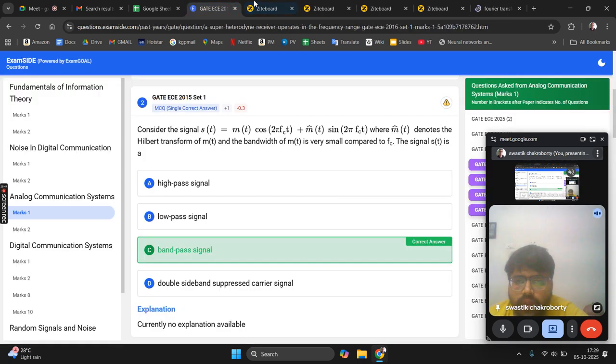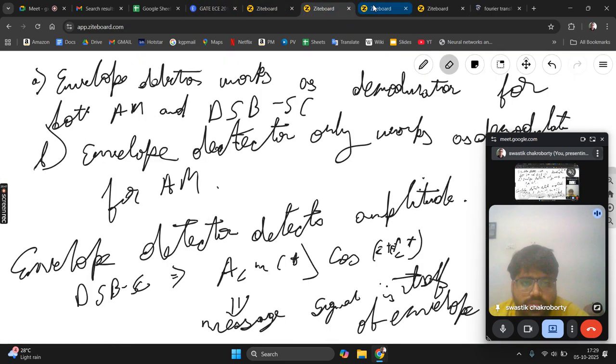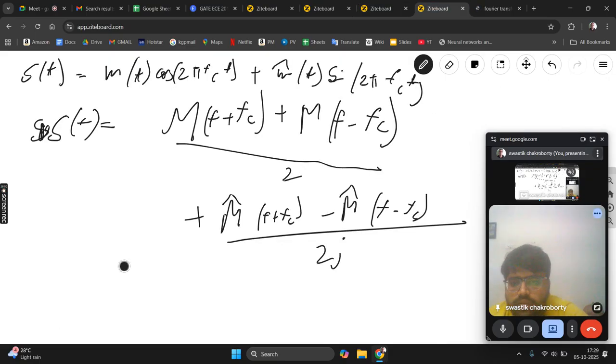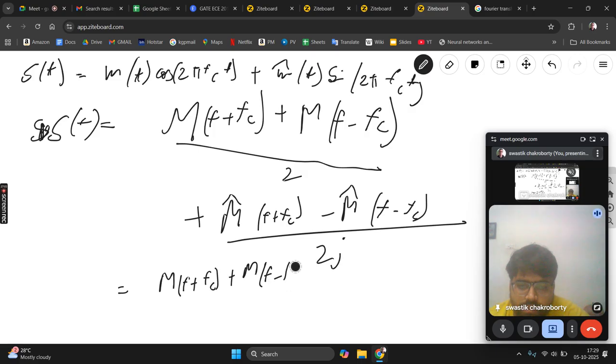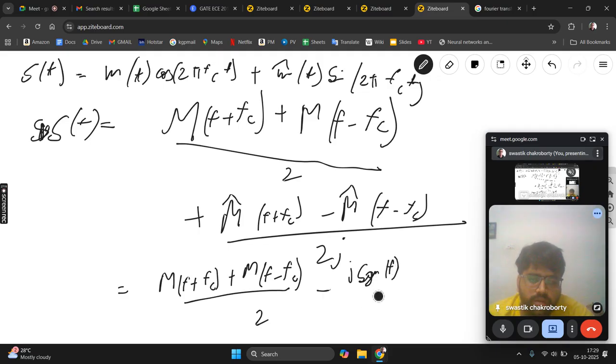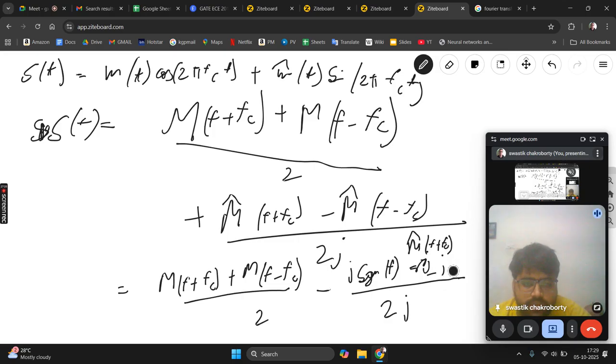So it is basically multiplying by minus pi by 2, so minus j sgn(f). So M(f plus fc) plus M(f minus fc) by 2, minus j sgn(f), by 2j, M hat(f plus fc), minus j sgn(f).